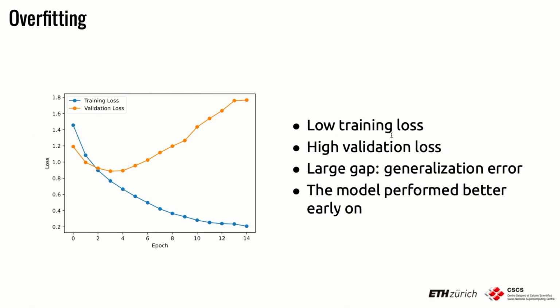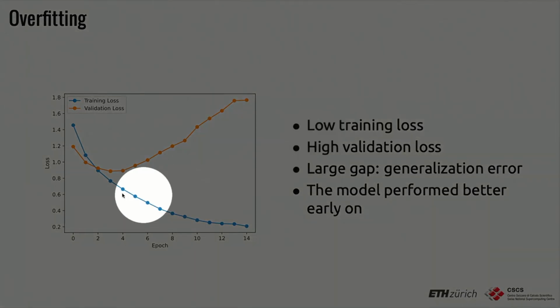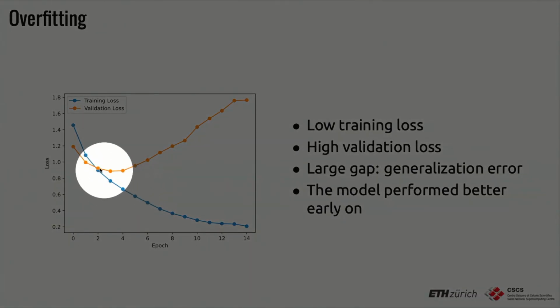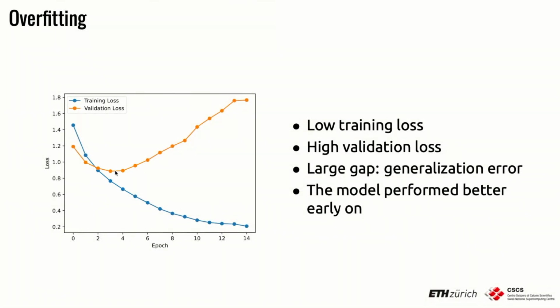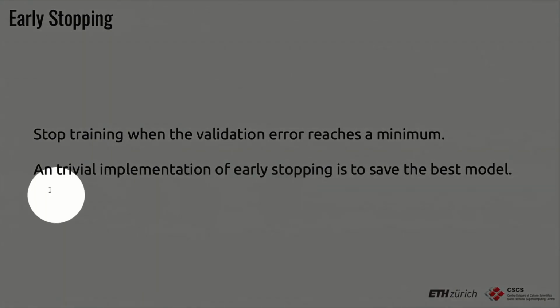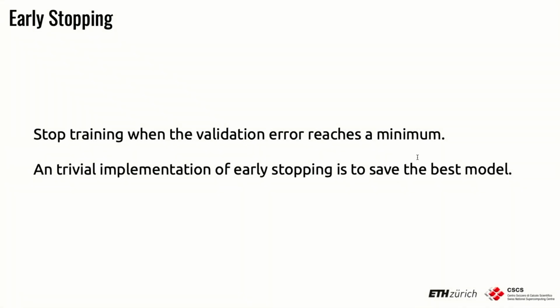One thing that you can immediately notice is that at the beginning, the validation loss was actually decreasing. So one very simple technique to prevent overfitting is to stop training early on. And this is called early stopping. Early stopping essentially is just stopping training when the validation error reaches a minimum.